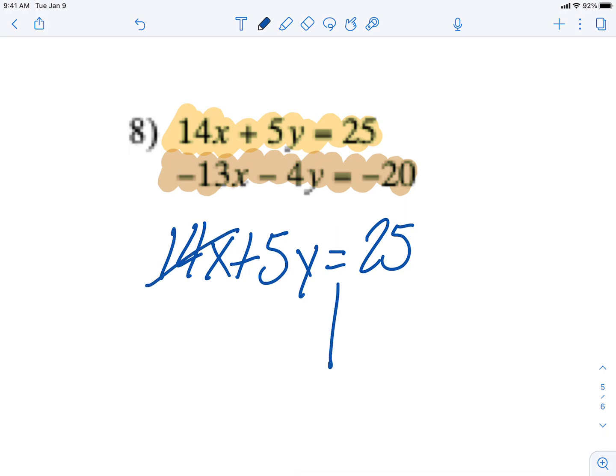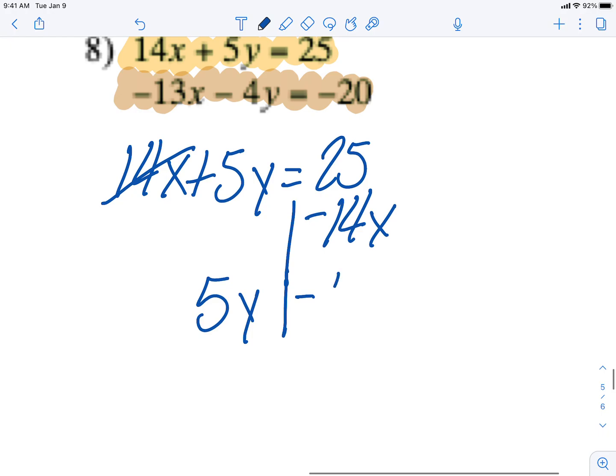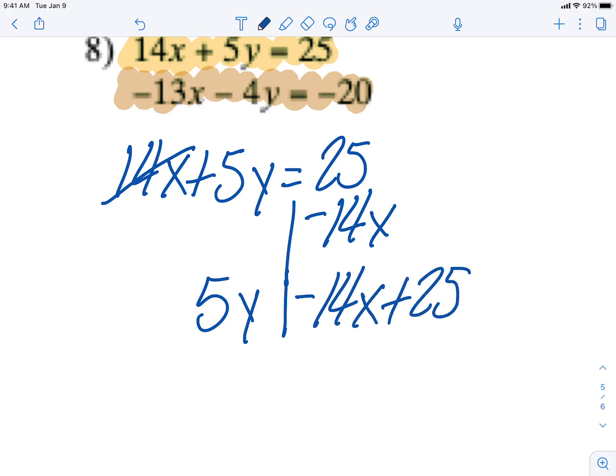So I'm going to move this 14x over as negative 14x. So I'm left with 5y equals negative 14x plus 25. Now, in order for me to get y by itself, I'm going to do the opposite of multiplying, which is dividing by 5 on both of my coefficients on the other side.